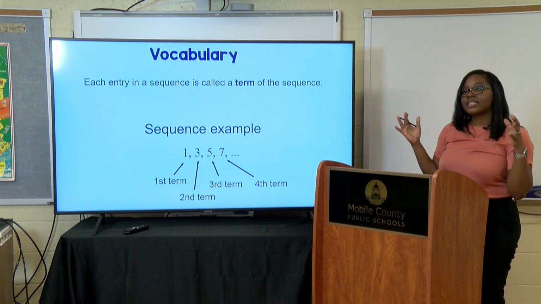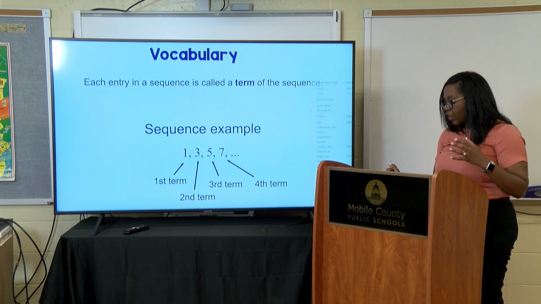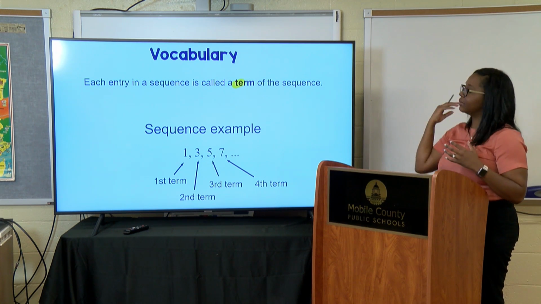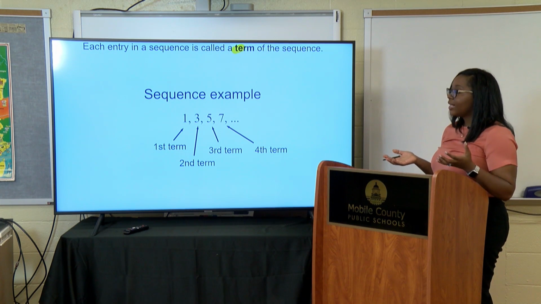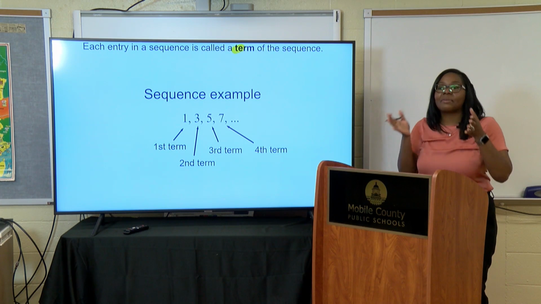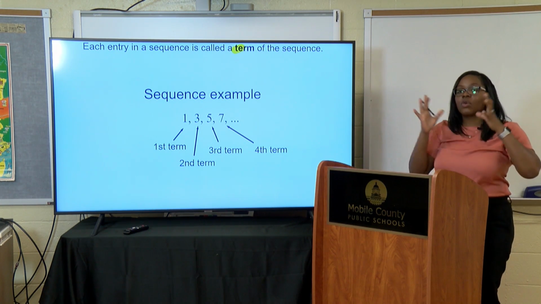So when we're looking at a sequence, each entry in the sequence is called a term, and you're going to hear me refer to that a lot throughout this lesson. For example, we have this sequence: 1, 3, 5, and 7. The term has a place, and we call that place a specific word.